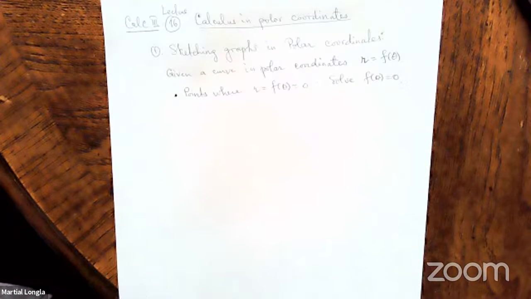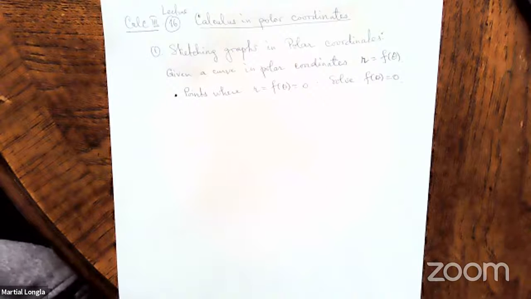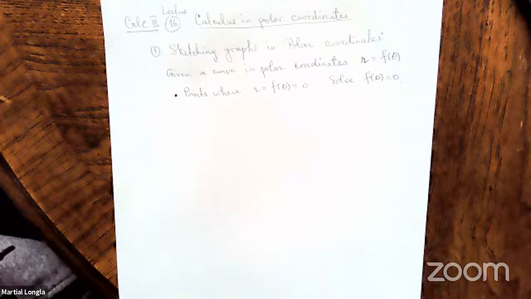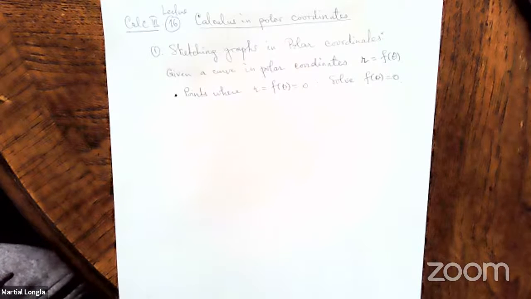Why is it important? Because in the definition of the polar coordinates, I told you that when the radius is 0, anything can be the angle. So you can have many different angles that take you to 0 for any curve.